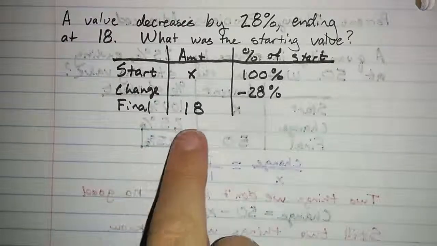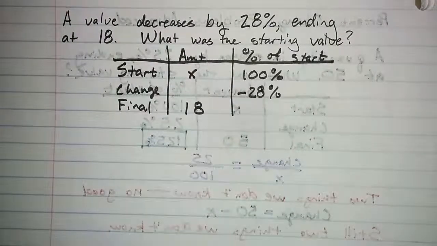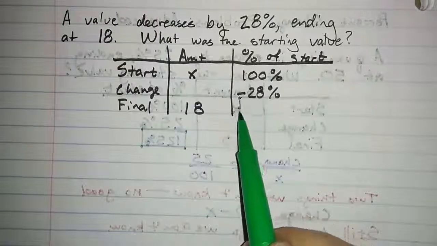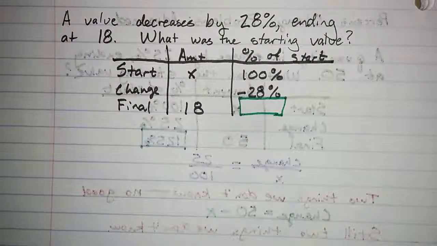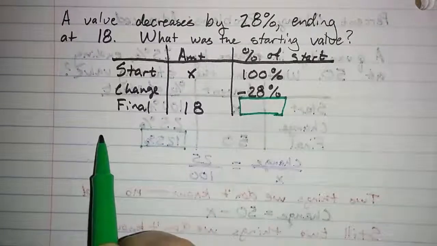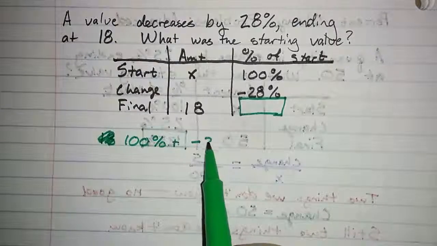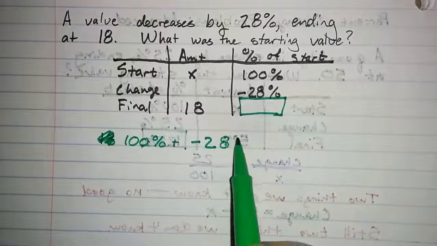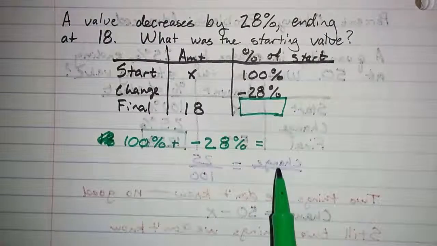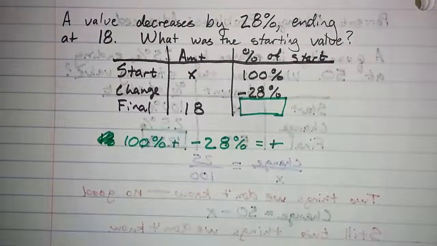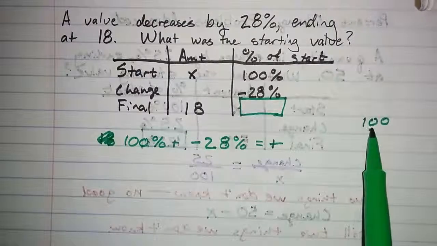We're in that case again where we know the final amount and the percent change, but not the starting amount. So we need to figure out what the final amount is as a percent of the starting amount. To do that, we'll say 100% plus the percent change, negative 28%, is going to be, well, 100 is bigger than 28, so this is going to be positive. The signs are opposite, though, so I want subtraction.